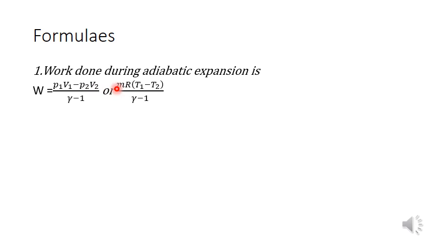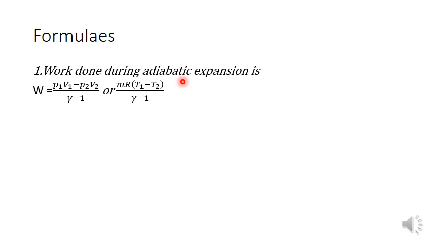Substituting these two values in the equation, MR is common, so we take MR common, with the bracket T1 minus T2, and the denominator remains the same. This is the work done during the adiabatic expansion, in which the internal energy decreases.